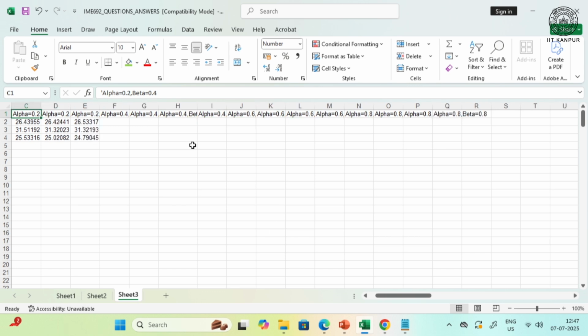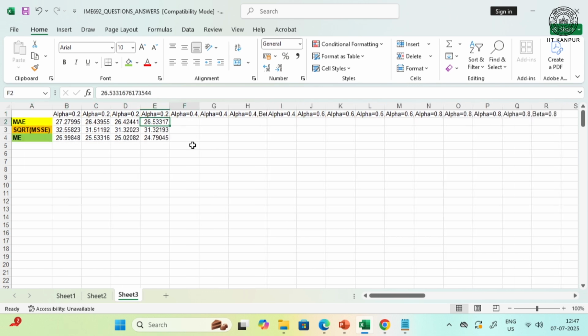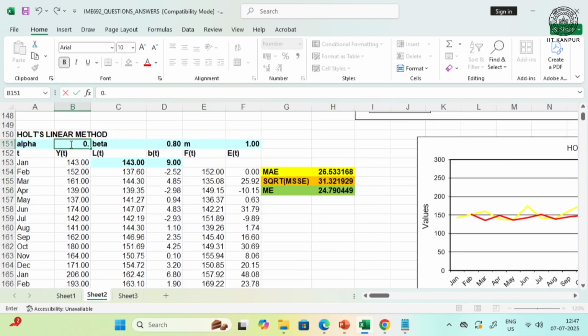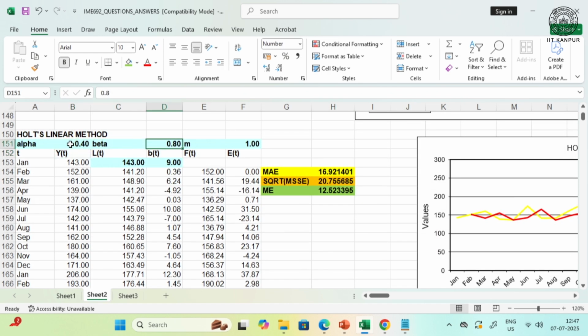So I need to put the values accordingly. Perfect. I will now put the values of alpha 0.4 and beta changing. So I change alpha to 0.4. Done. Now beta is 0.2. Done the calculation.